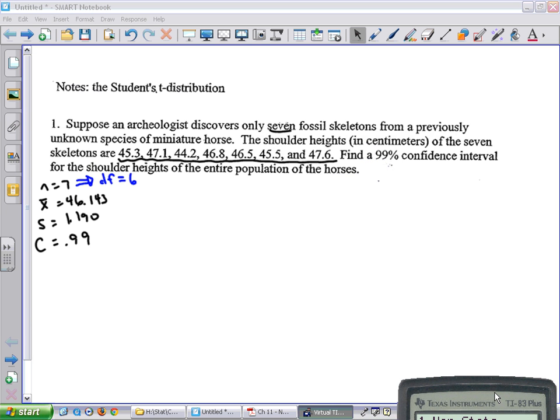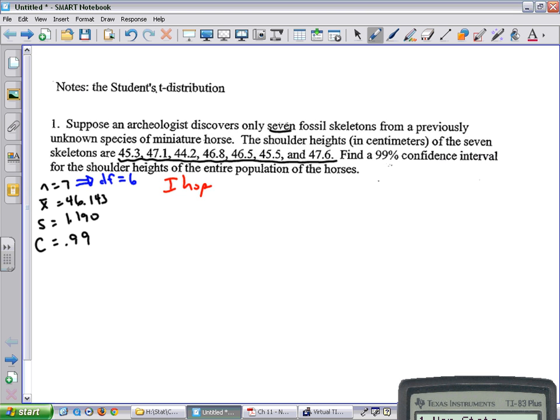Next, let's go through the conditions that are necessary. Well, I notice that I only have 7 fossils, so I hope that these 7 fossils are like an SRS.